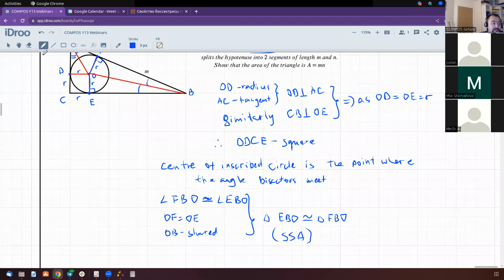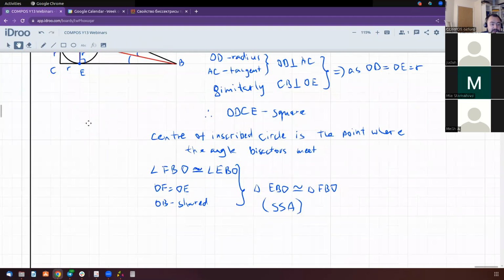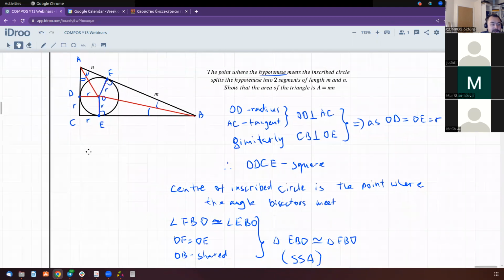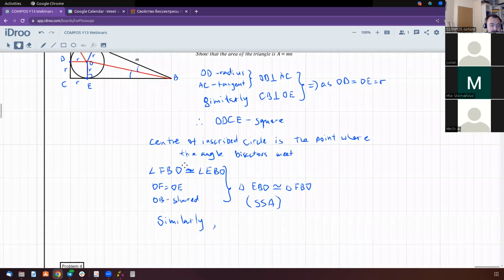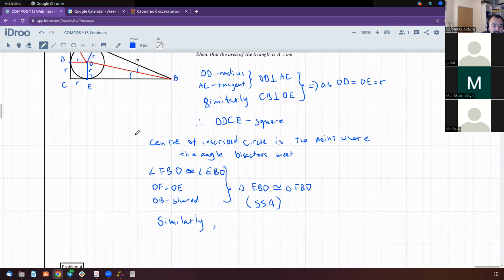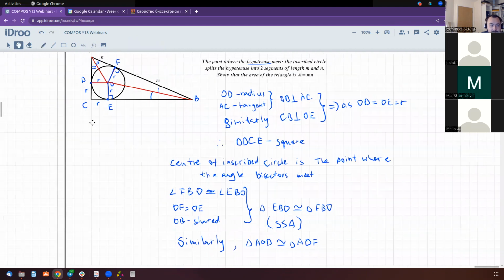In a similar fashion, you can prove that similarly. Triangle AOD is congruent to triangle AOF. Okay, triangle AOD is congruent to AOF.